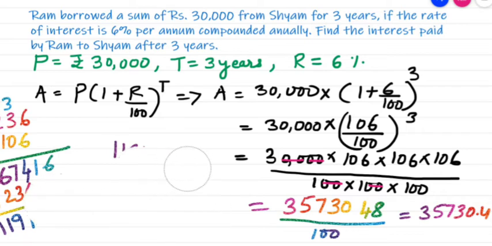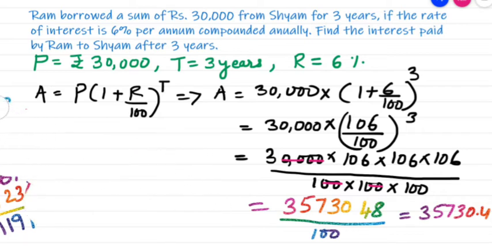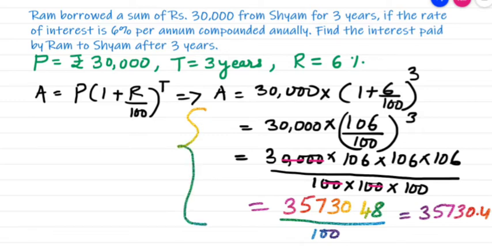Let us see how we can find the compound interest. So to find the compound interest, what we will do? See here, I am just removing this place. Now for compound interest, you will simply subtract principal amount from your amount.